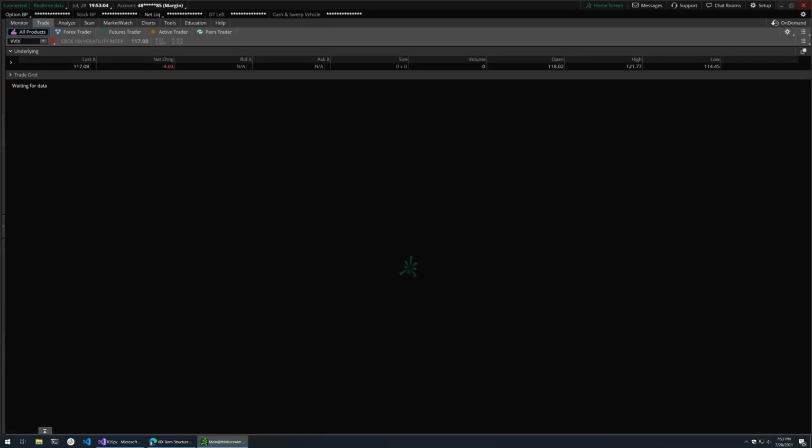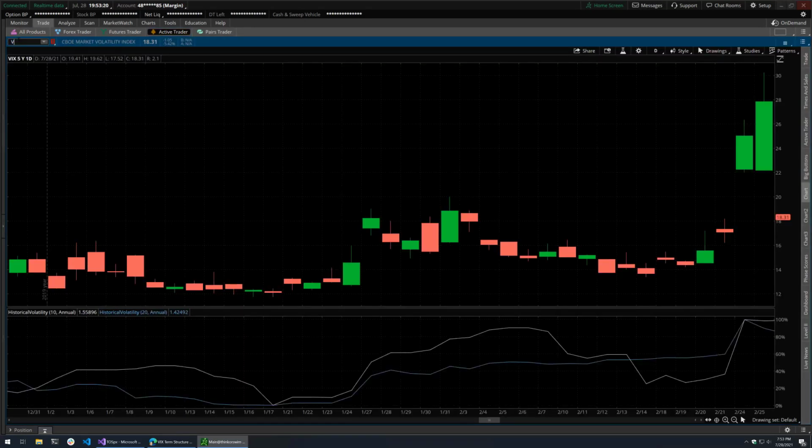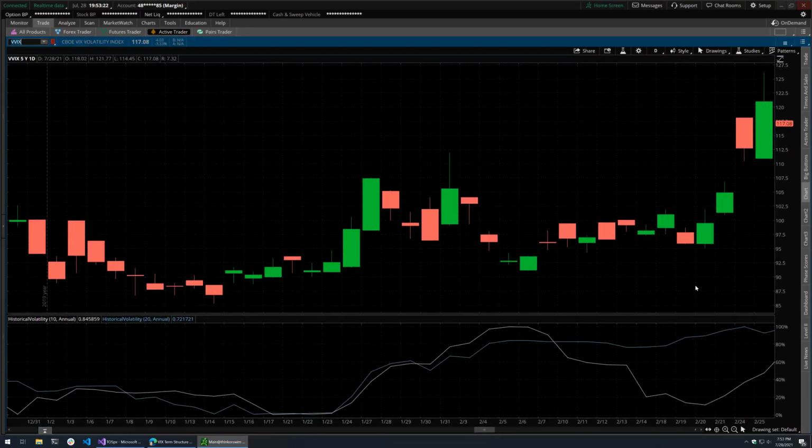If we go to our all products and pull up the VIX, the VIX options here have a volatility associated with them, and that's what the VVIX is showing us. We'll go back to there, and you can see that it was also picking up as well. That meant that the options on VIX itself were becoming more expensive.